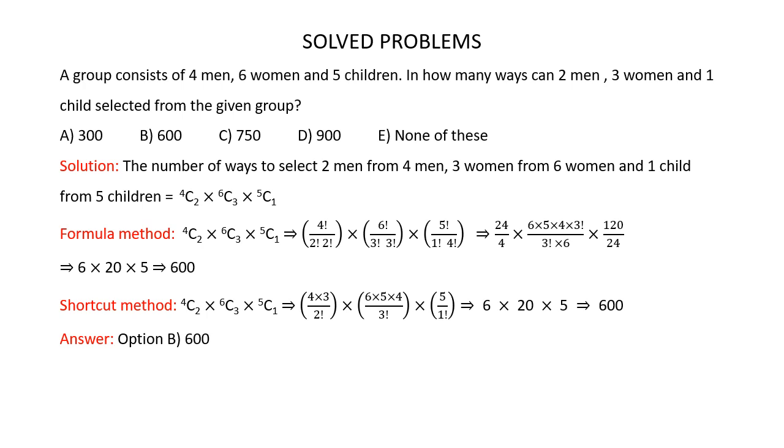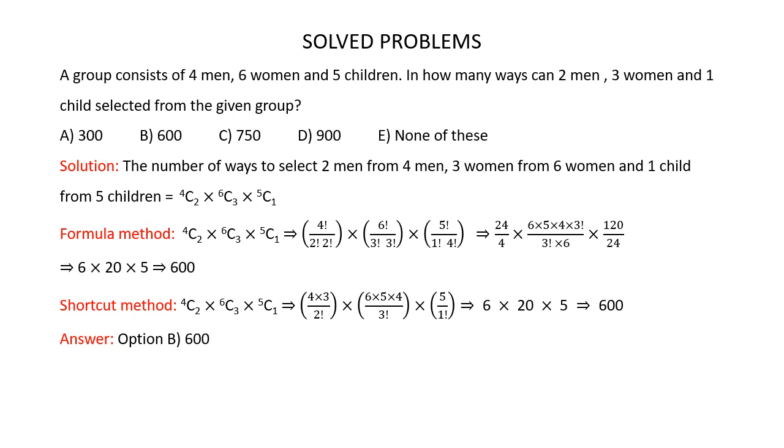Now according to the formula, 4C2 is nothing but 4 factorial divided by 2 factorial multiplied by 4 minus 2 factorial, which is 2 factorial, multiplied by 6C3, which is nothing but 6 factorial divided by 3 factorial multiplied by 6 minus 3 factorial, which is 3 factorial, multiplied by 5C1, which is nothing but 5 factorial divided by 1 factorial multiplied by 5 minus 1 factorial, which is 4 factorial.